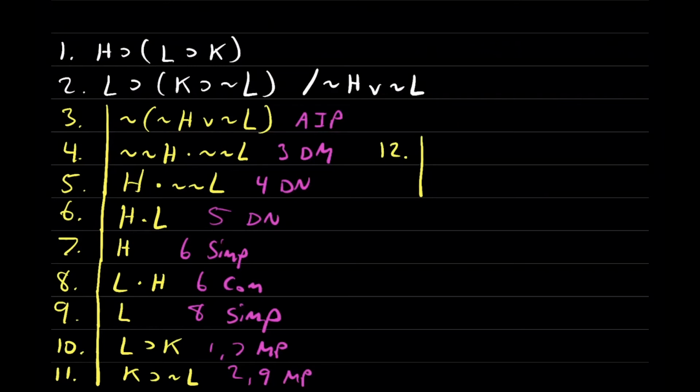What I see is that on line 10 and line 11, I've got L implies K, but K implies not L. So I'm going to do hypothetical syllogism to get L implies not L. Line 10 and 11 by HS.